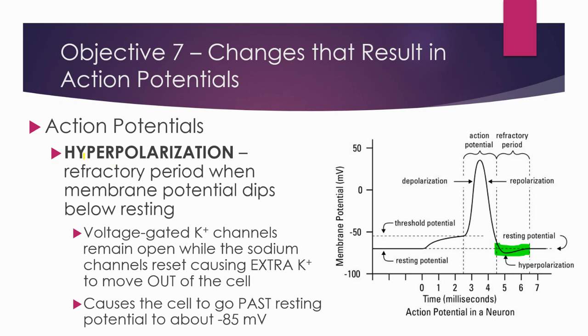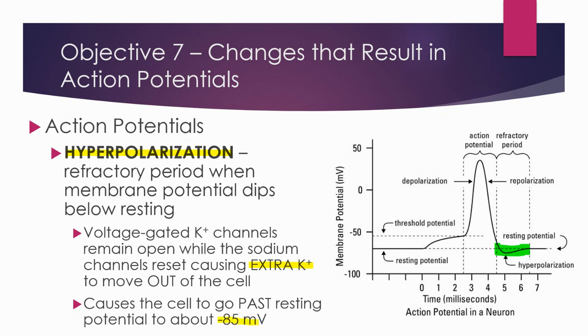So essentially, repolarization is going to try to take us back to that negative 70. Now, it actually goes a little bit further than the negative 70. It's called hyperpolarization. So the potassium channels stay open as the sodium channels are resetting. And so we actually get a little bit more potassium moving than what we need to. And so that's what causes this little dip here. We actually go a little bit below resting potential before we get completely restored.